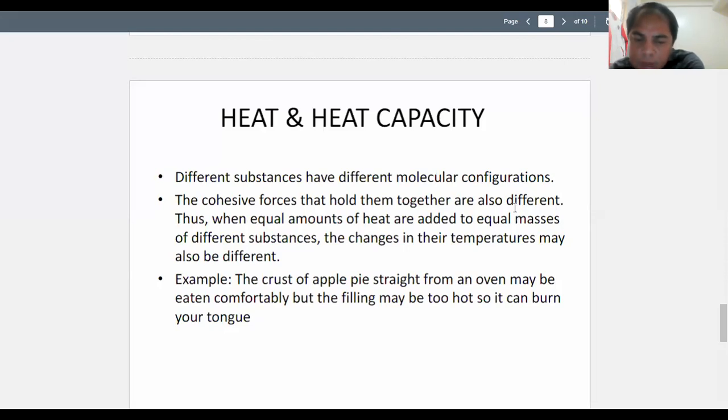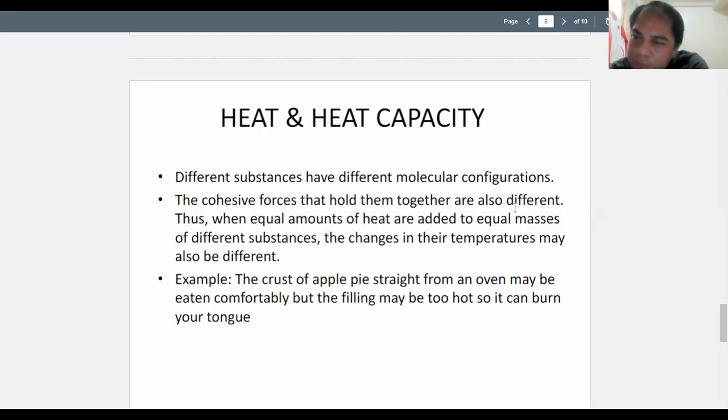For example, a crust of apple pie straight from the oven may be eaten comfortably. So it's a very hot apple pie, but even though it came out of the oven, you can still put it in your mouth. Maybe there would be some kind of heat, but it's filling.